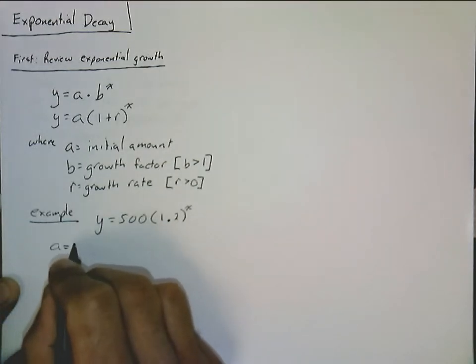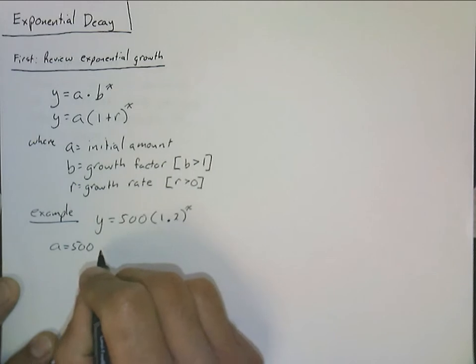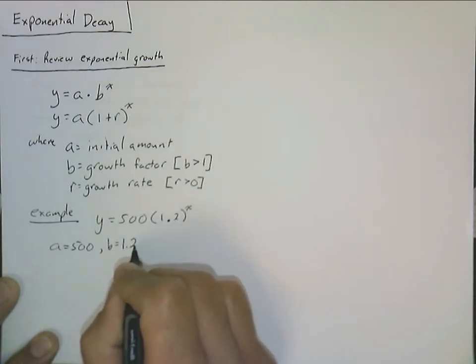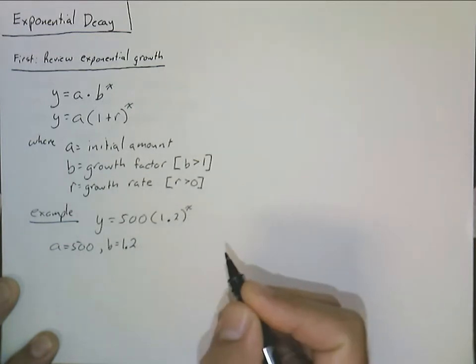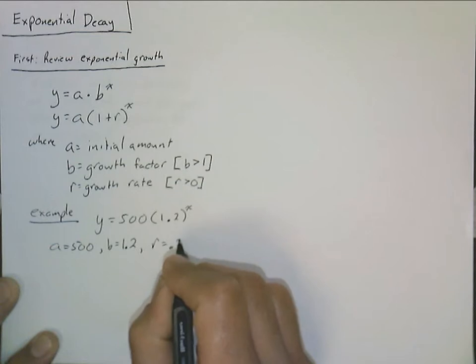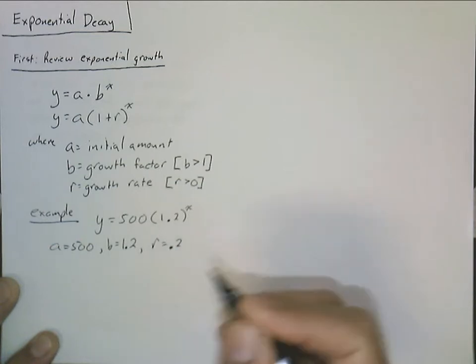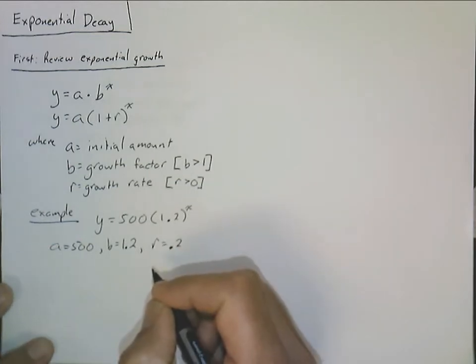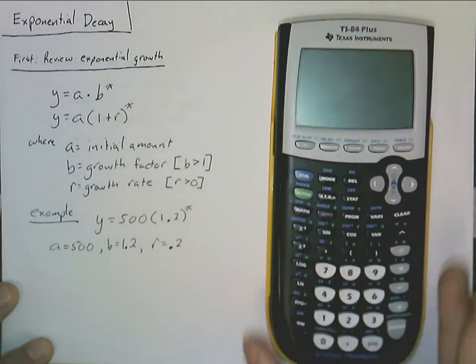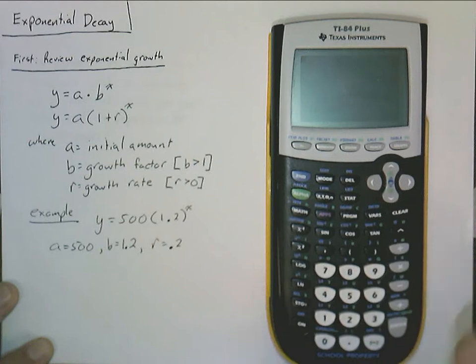So here a, our initial amount, is 500. b, the constant multiplier, or the growth factor, is 1.2, or we could think of that as 120%. And r is 0.2, or 20%, the amount that we're increasing by each time period. And so if we just want to figure out how much there is going to be, or what is going to be the amount of this population, or whatever it is, at a certain time period, all you do is just type it in.